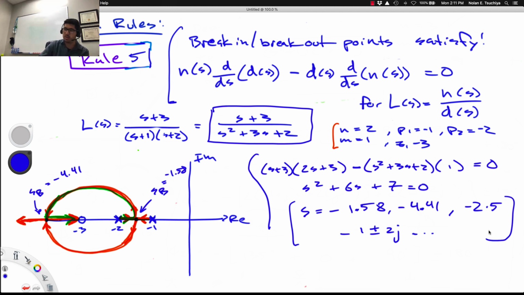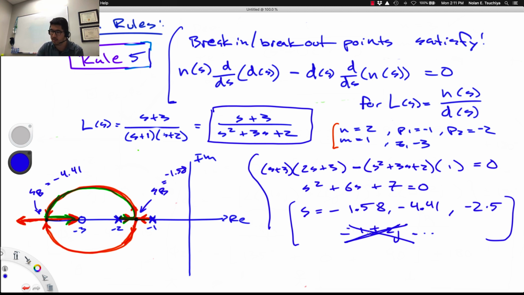Okay, but it's actually up to you to figure out which ones are valid and which ones are erroneous. Okay, so anytime you have a complex solution to rule 5, you can throw that out, because there's no way that a root locus branch could break in or break out of the real axis at a complex location. It just doesn't make sense, right?